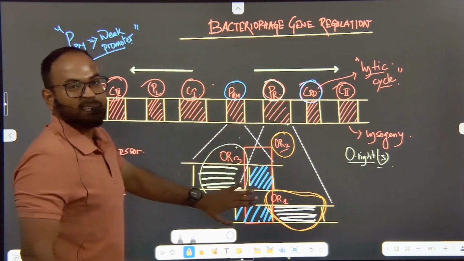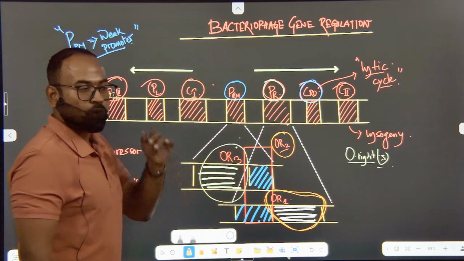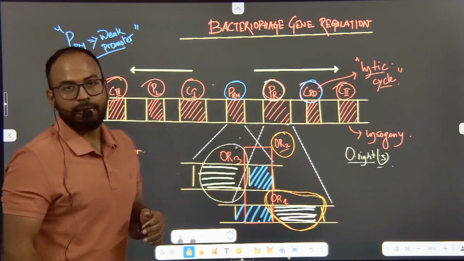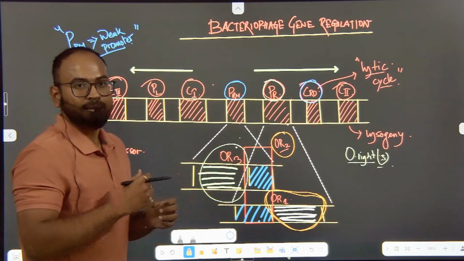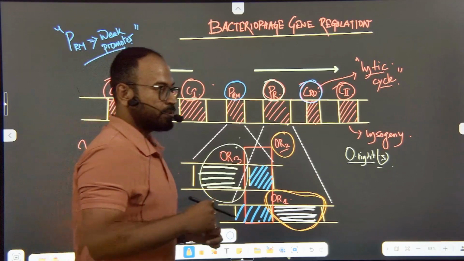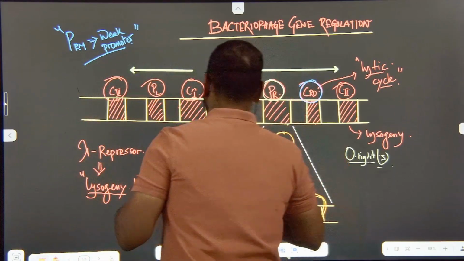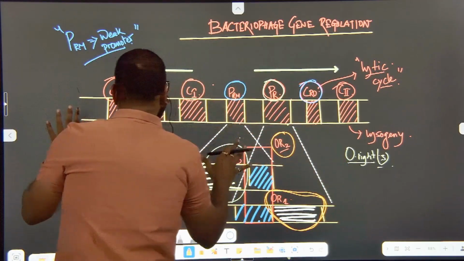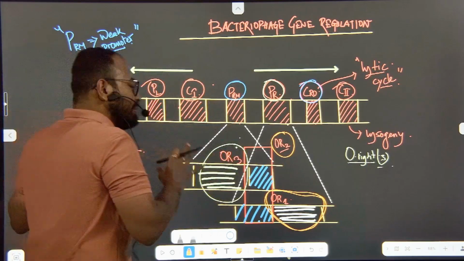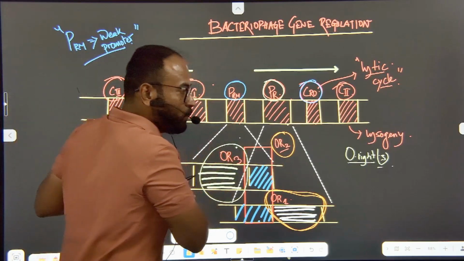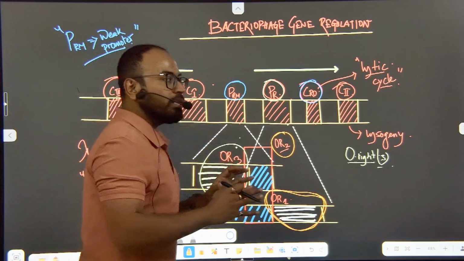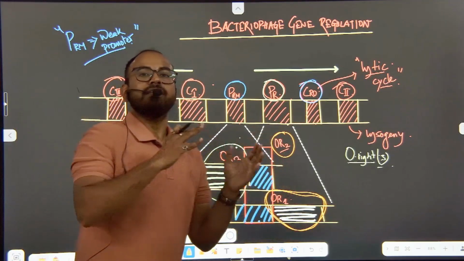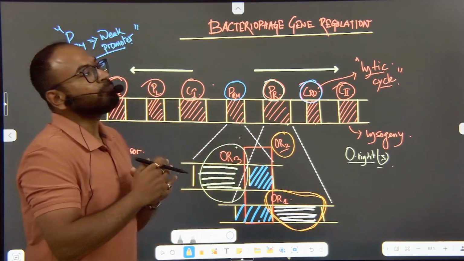These segments are to be noticed because in our next part of the discussion, these portions will appear very frequently. That is why I'm providing an overview regarding what is associated with lytic, what is associated with lysogeny, what the promoters are, which are the strong promoters and which are weak promoters.